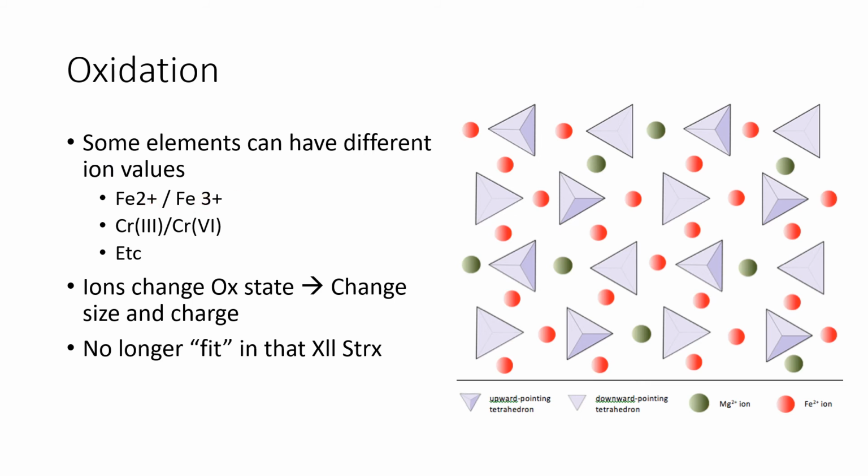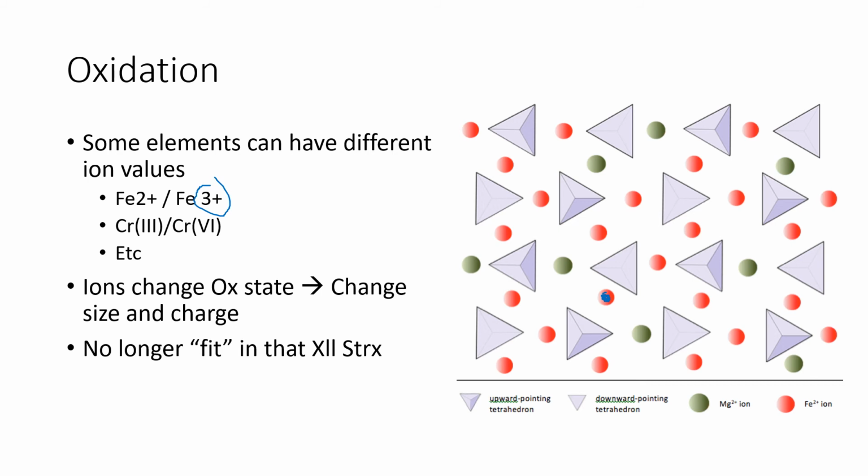Well, a couple of things are going to happen. One, it's going to get bigger. I'm sorry, I said that the wrong direction. Higher charge, so it's going to get smaller. That iron 3+ now, I'm trying to draw a smaller circle there, is going to be smaller than the iron 2+ was. Well, what's that going to do to my crystal structure?